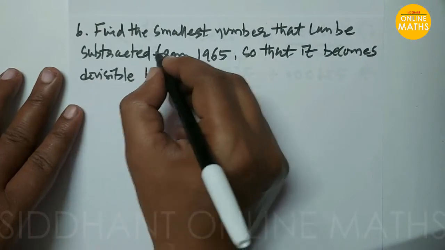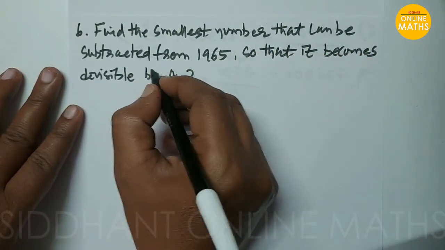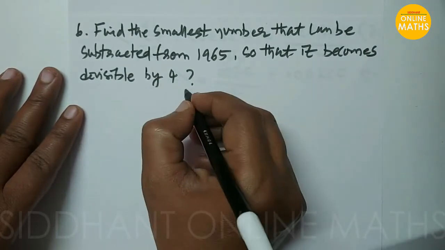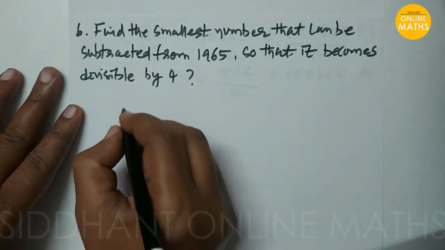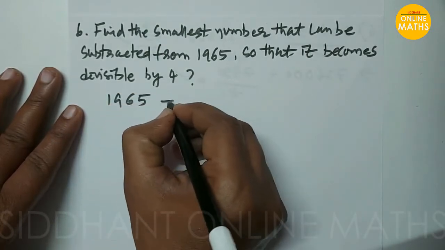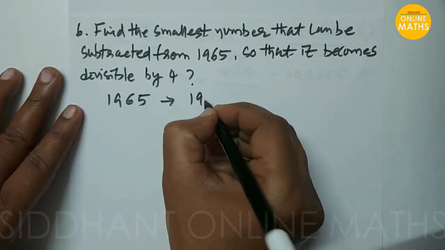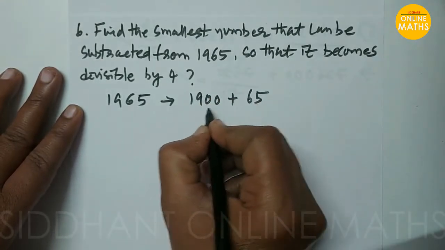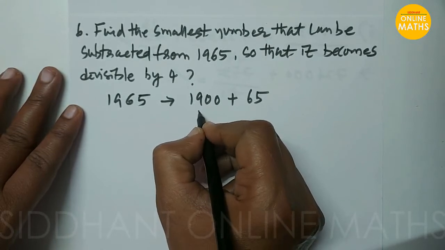Sixth question: find the smallest number that can be subtracted from 1965 so that it becomes divisible by 4. So here we take the number 1965, and we are going to segregate it as 1900 plus 65. So we know that 1900 is divisible by 4 here.